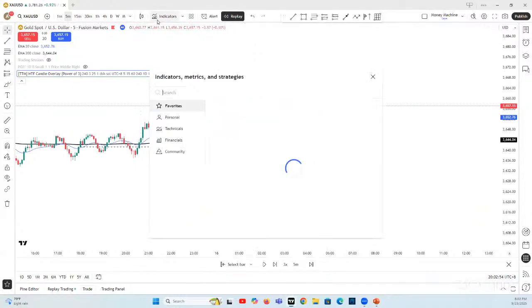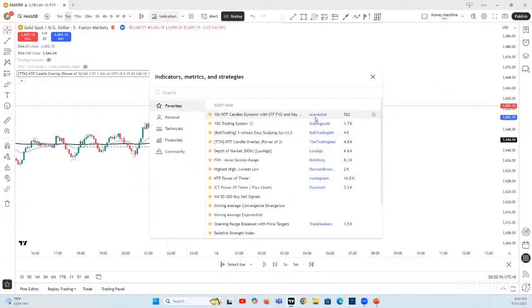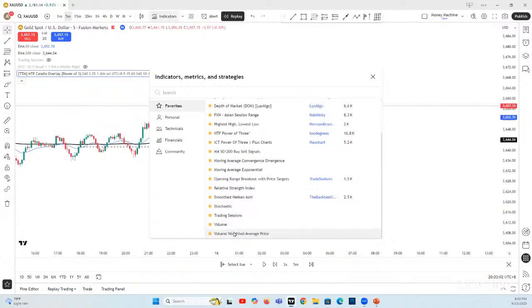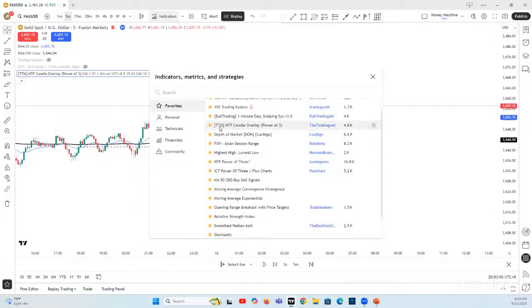It's by the Thick Magnet. That's the indicator.